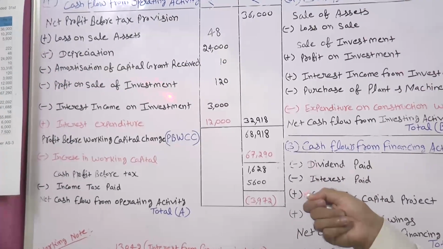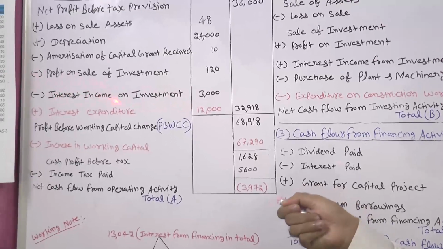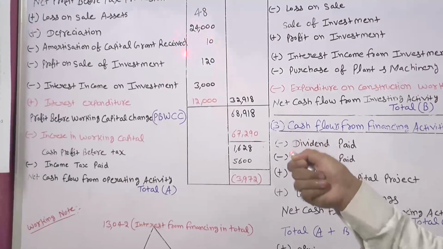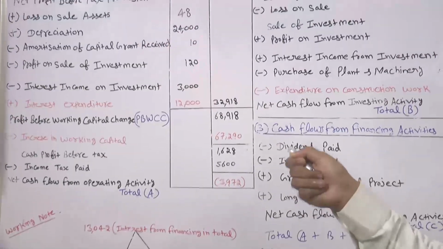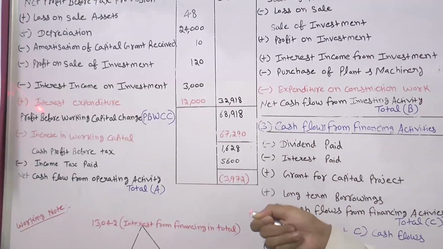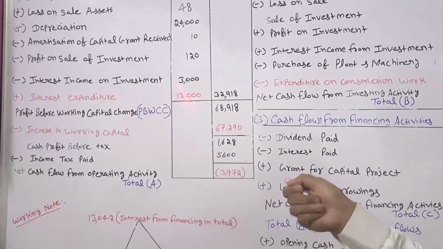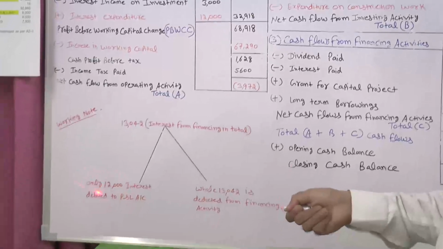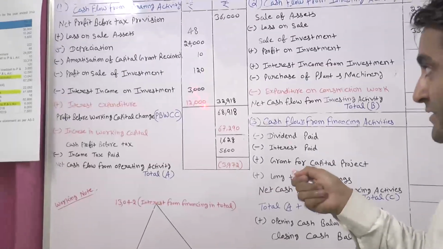Profit on sale of investment 120. Interest income on investment 3,000. All of these three items are non-operating income, so that's why we are deducting. Next is interest expenditure 12,000, which I already explained earlier. So this is 12,000 and now we consider here.